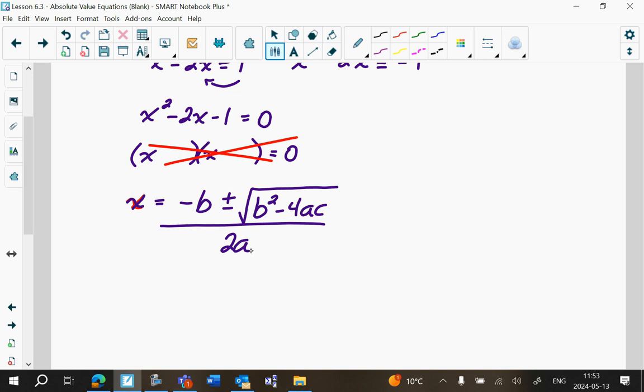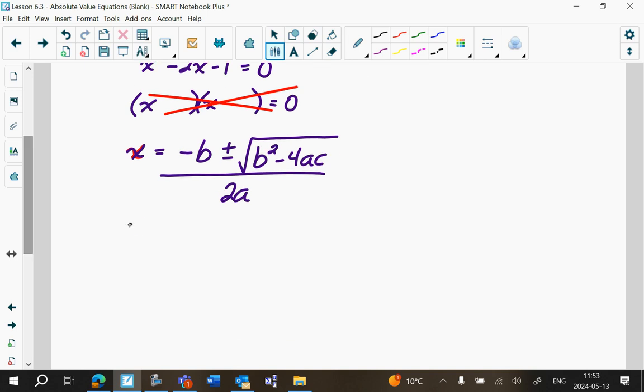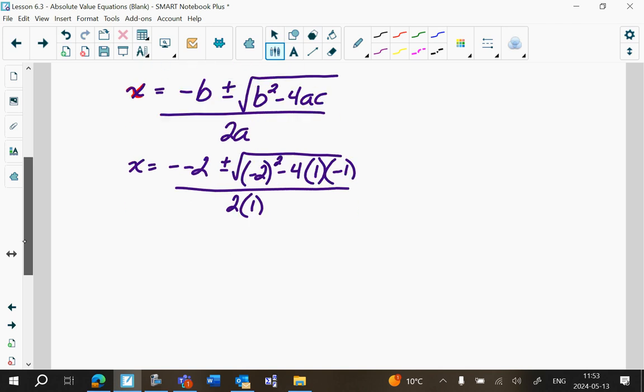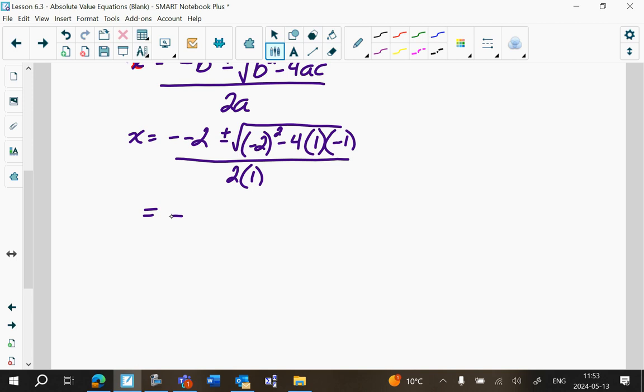So x equals negative b, so -2 plus or minus the square root of -2 squared minus 4 times 1 times -1, all over 2 times 1. So that gives me -2 plus or minus.